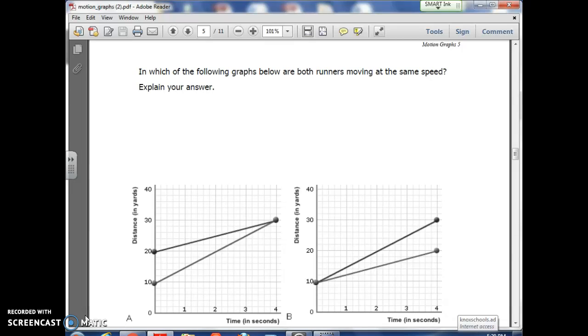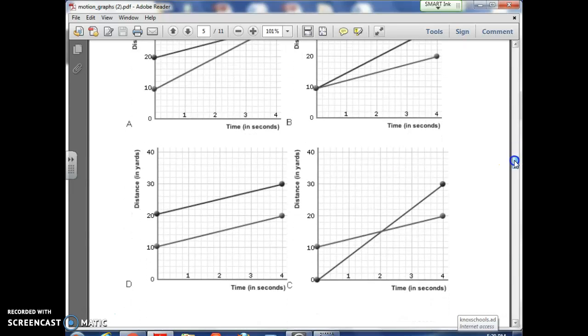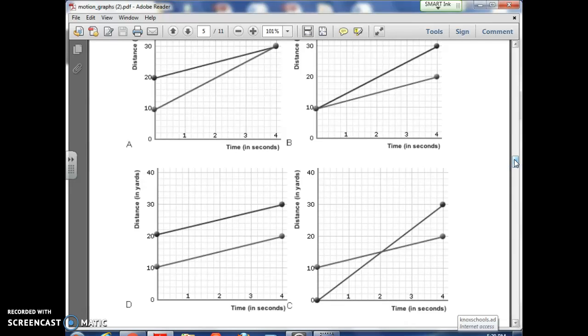Alright, and this one, which one are they moving at the same speed? So to know the speed, you need to look at the lines and their slopes. You want them to be the same. So it looks like the ones with the slopes the same is D. One way you know that is this person goes from 20 to 10, and it takes them 4 seconds.